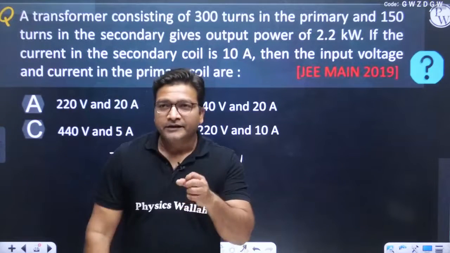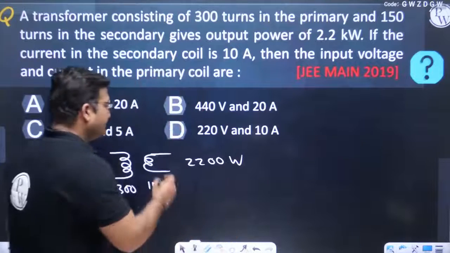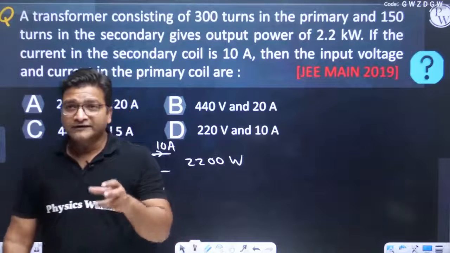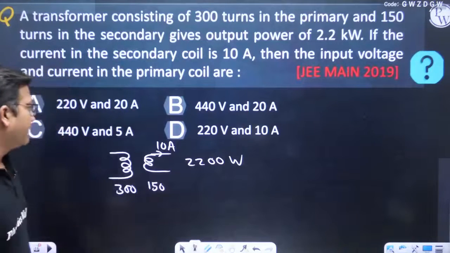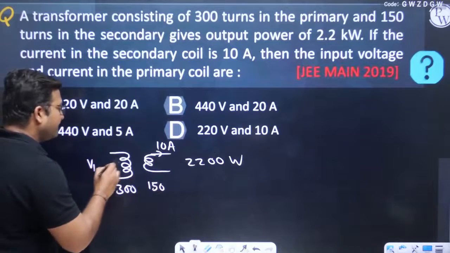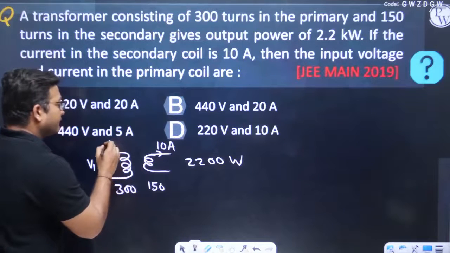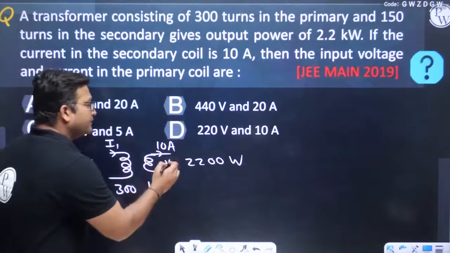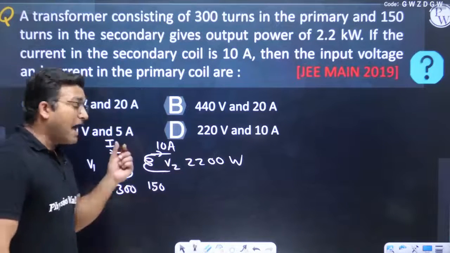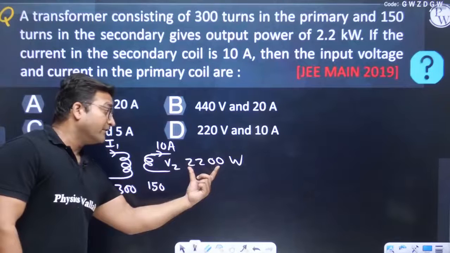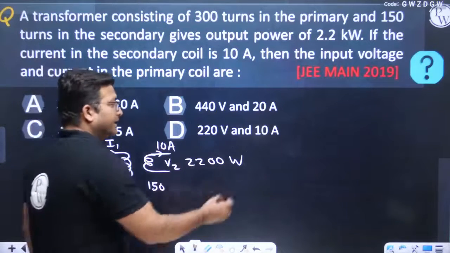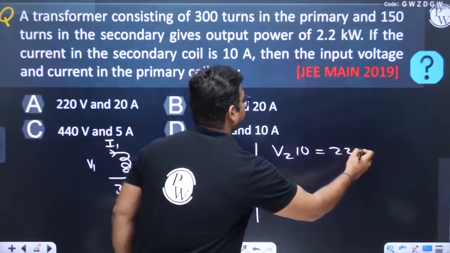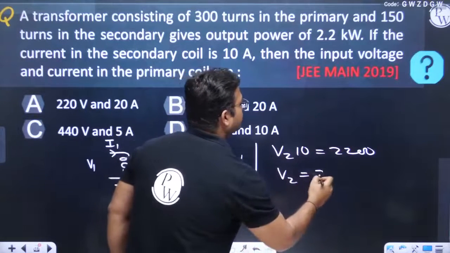The current in the secondary coil is 10 ampere. They are asking us what is the input voltage and input current. Let us say input voltage is V1 and current is I1, and output voltage is V2. As the output power is 2200, I can say V2 times 10 equals 2200. So V2 equals 220 volt.